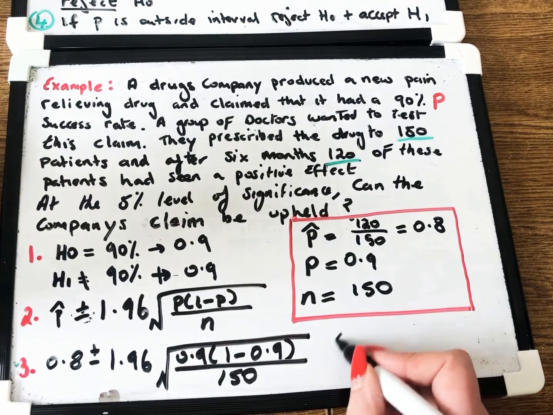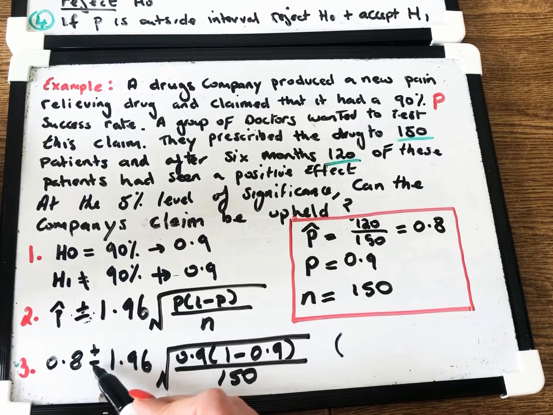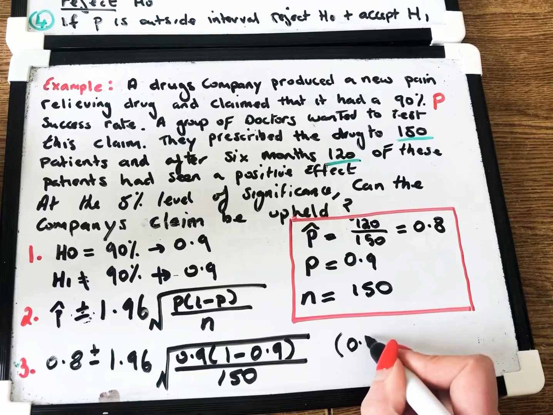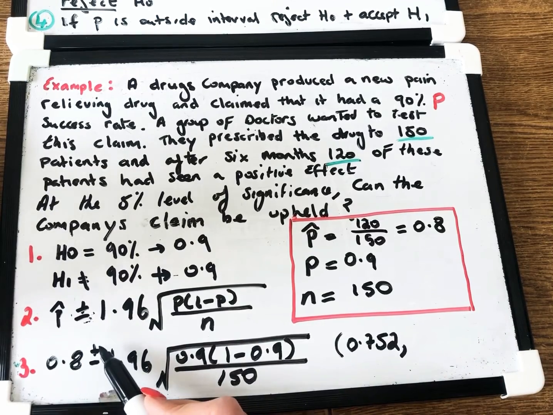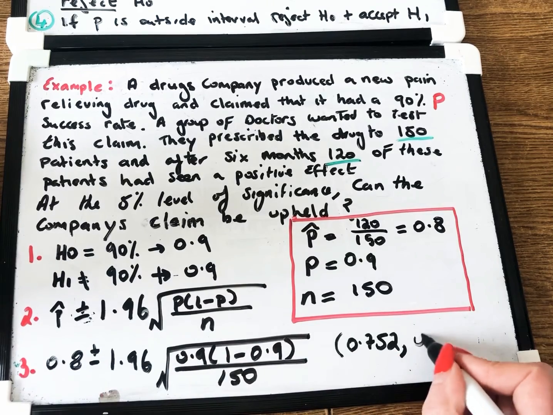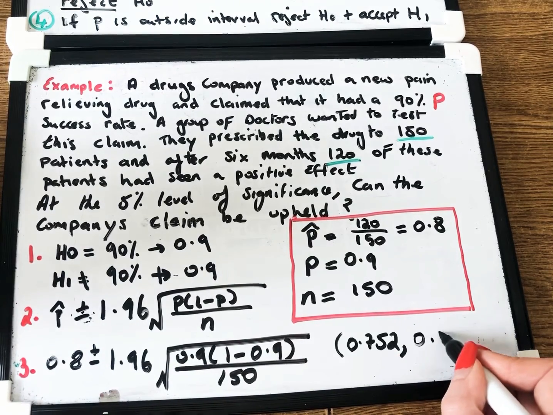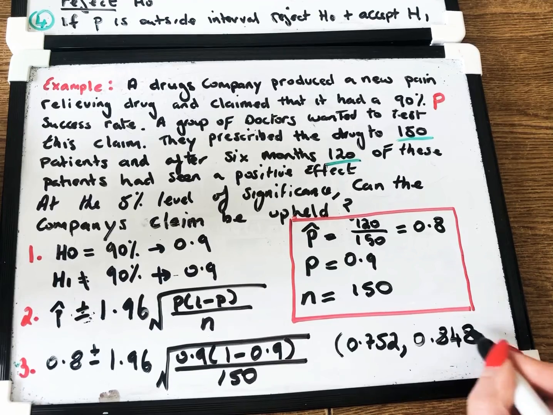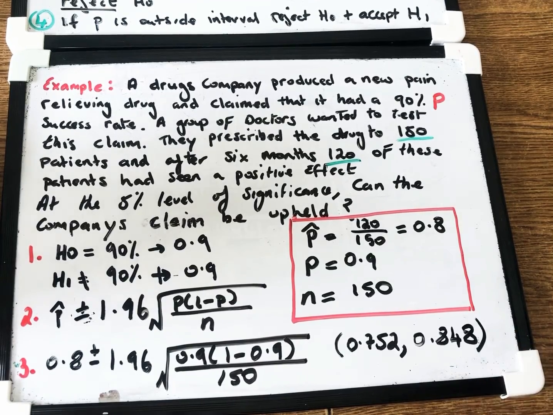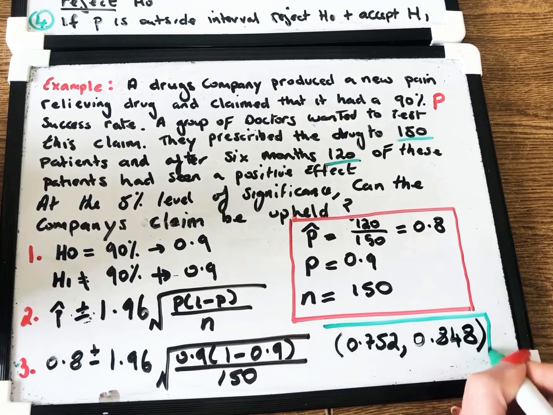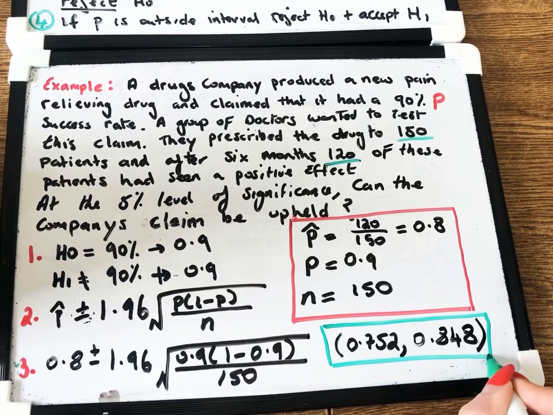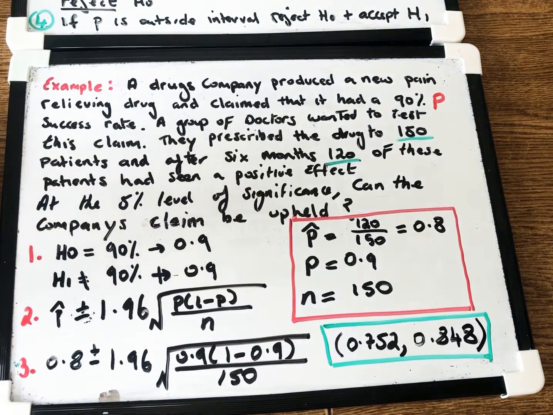When we substituted in the negative part and left the rest of it as it is, we get 0.752. And then when we put in the positive sign here, we get 0.848. So there is our interval done. Let's put a box around that, in green. So this is our 95% confidence interval for our population proportion.